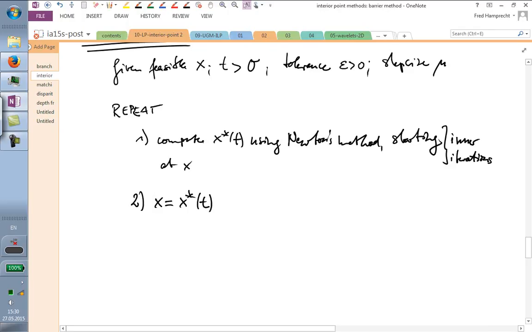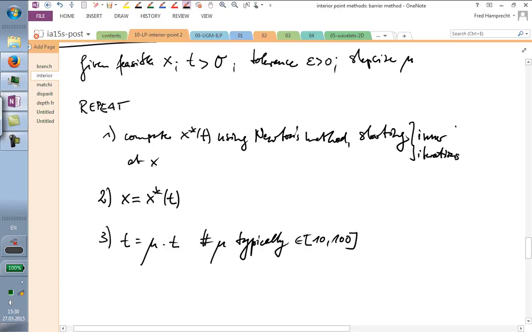We update, and then we increase the pulling force by saying t equals mu times the previous t, where mu is typically somewhere in the range of 10 to 100. And these are called the outer iterations.